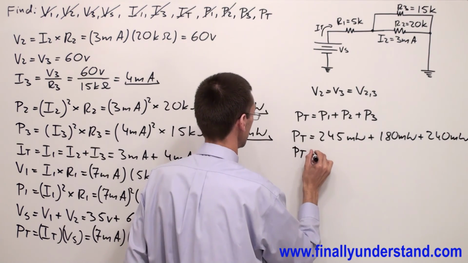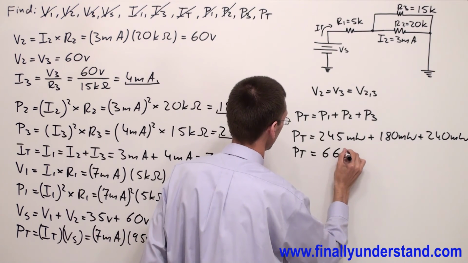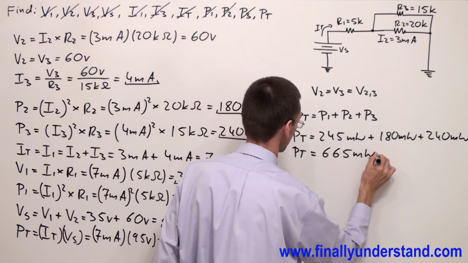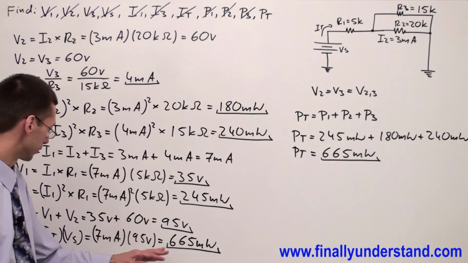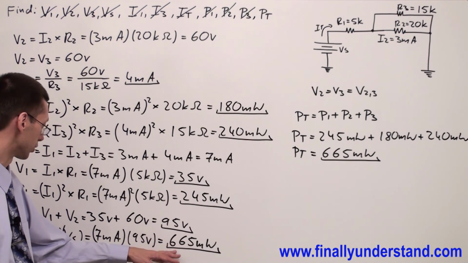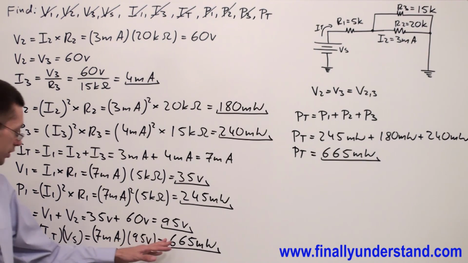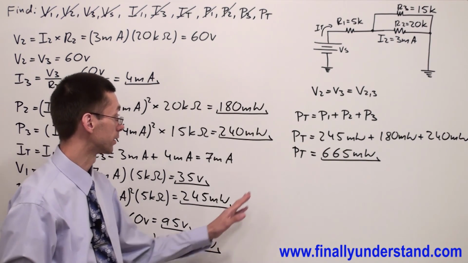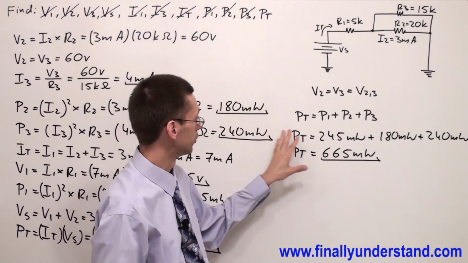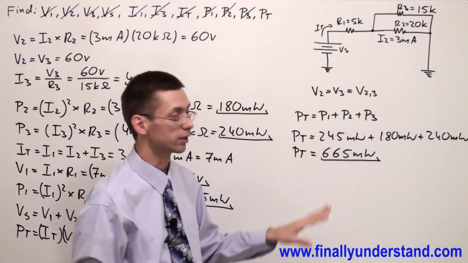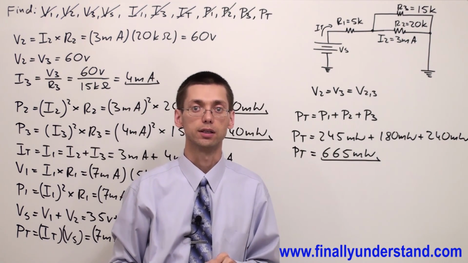Everything together is equal to 665 milliwatts. Please notice that the answer for P total which we got before was 665 milliwatts, and we got the same answer from the addition of all powers together. So it means that our calculations are correct, and we can say that the problem is solved.